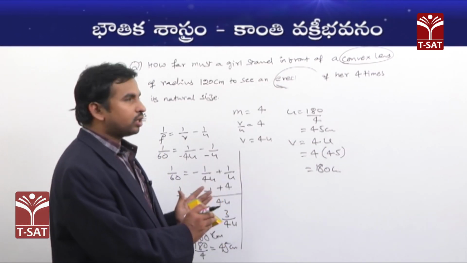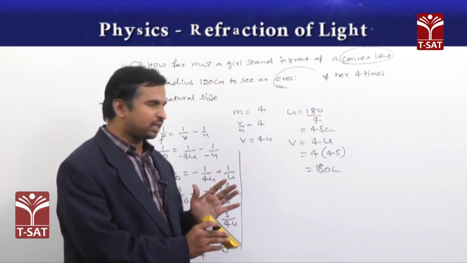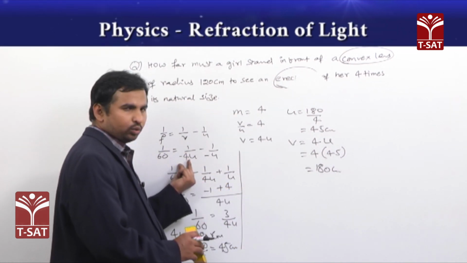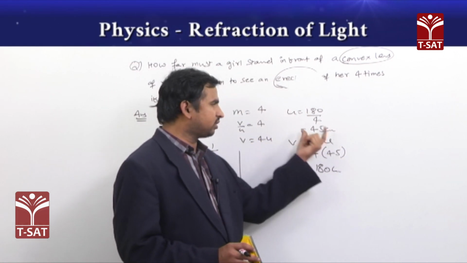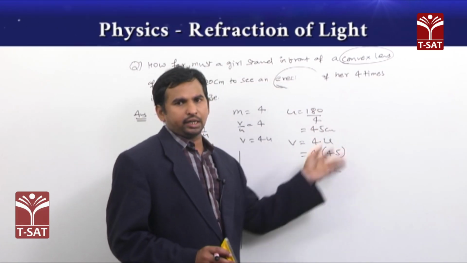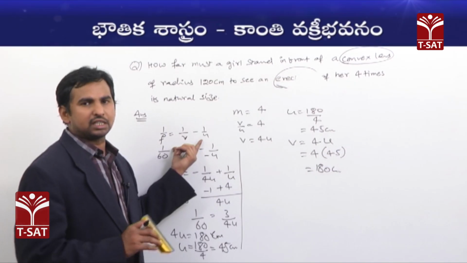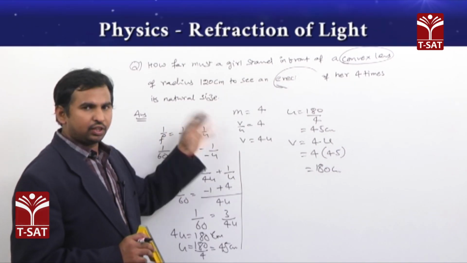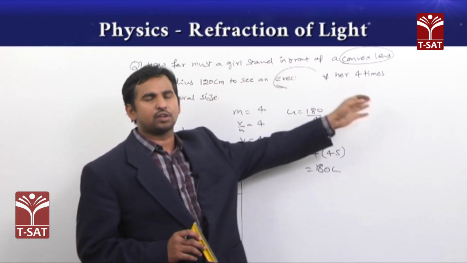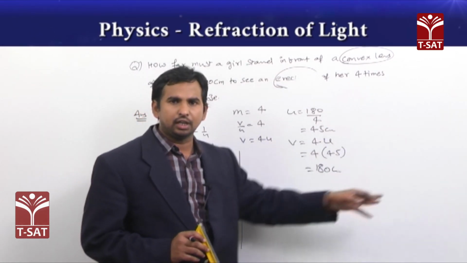So when we take the sign convention for the image distance as negative, we got the object distance at 45 centimeters. Earlier, if we take the object distance as positive, which we consider as a real image, we get the object distance of 75 centimeters, that is, beyond f.